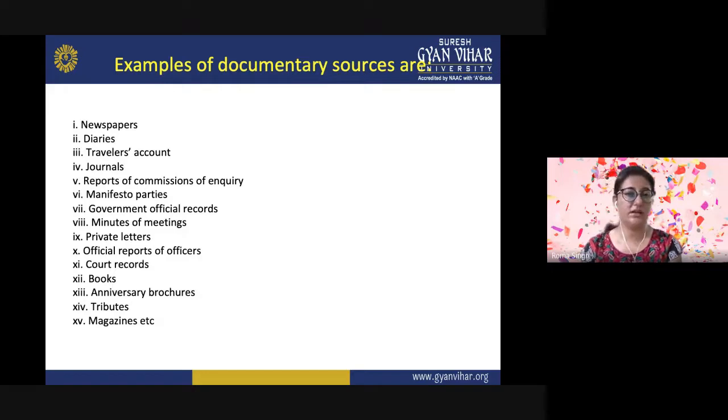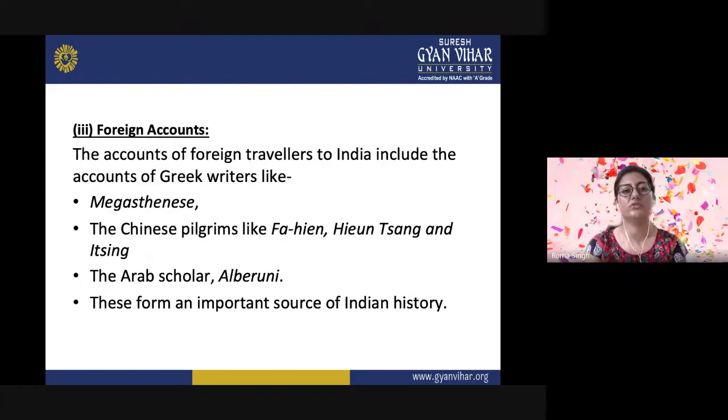So these are also our sources, or the letters written by Mahatma Gandhi to his son, the court records, the books, any kind of brochures, tributes, magazines, journals. So these all are the documentary evidences or the sources.